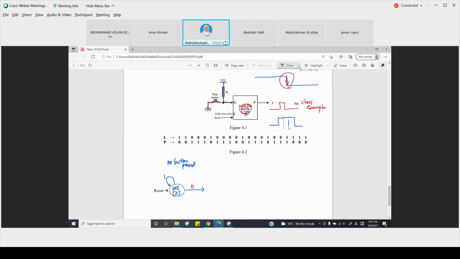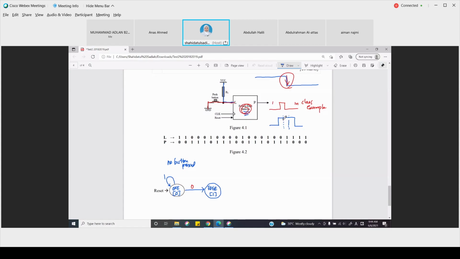And if L receives 0, it means the system detects an edge. And once the system detects the edge, output P will be 1. So this is one clock cycle. Each state's time is one clock cycle, right? So this state will be in one clock cycle.